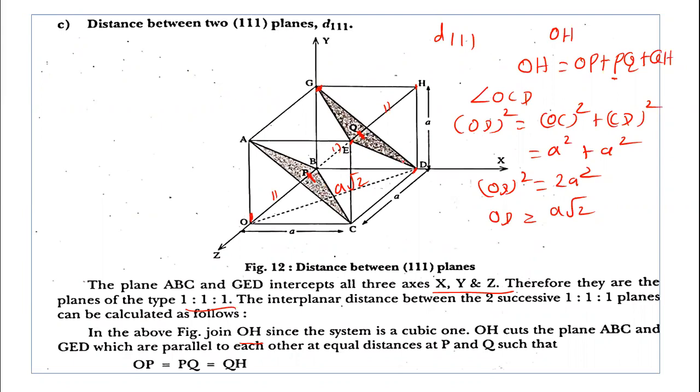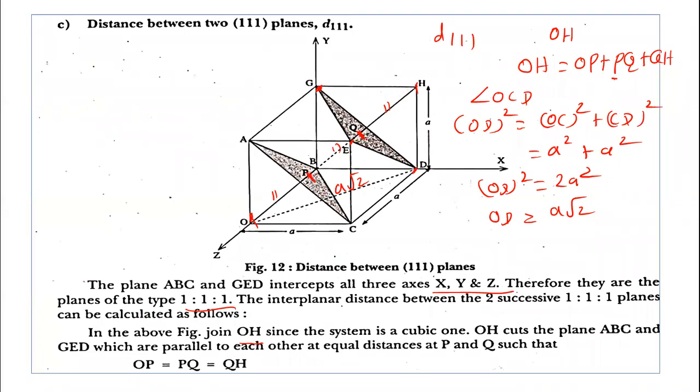Diagrammatical understanding is very important here, because we want to find this distance OH, from this point to this point H. To find this distance, we first find OD, which is a face diagonal, and OH is a body diagonal, from this point to this point.